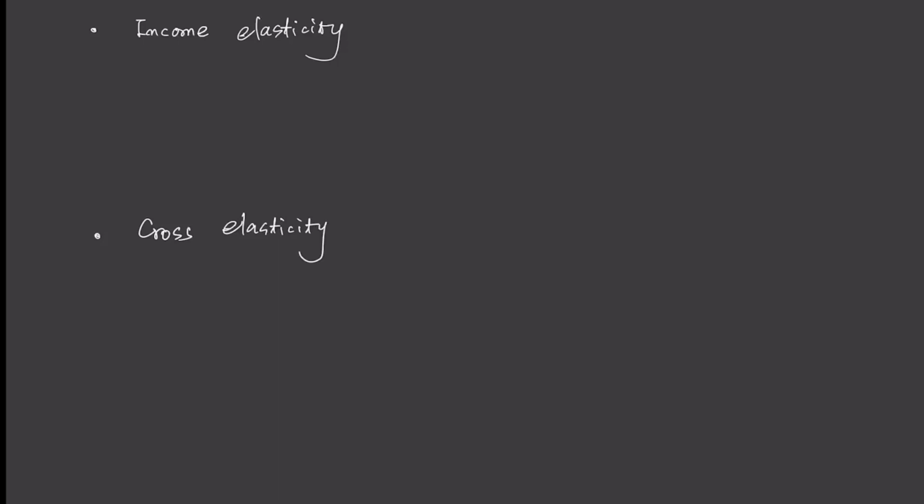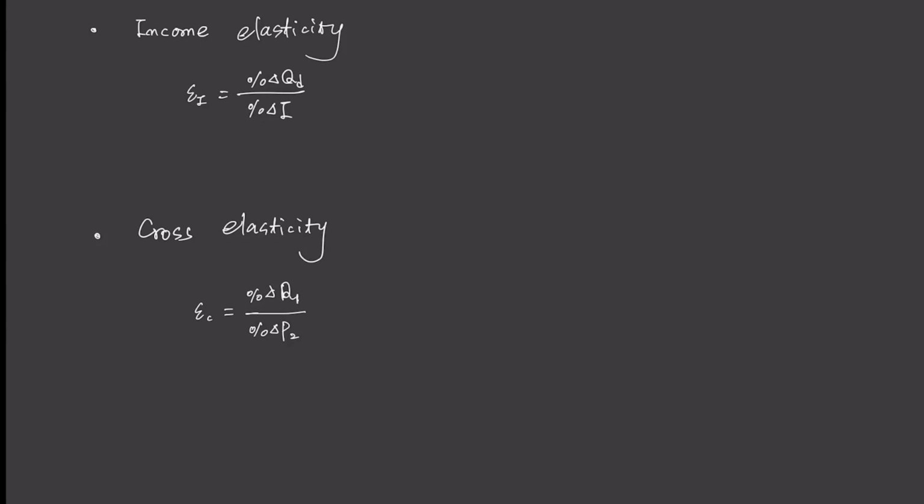Income elasticity, let's say epsilon I, is the percentage change of Q_D over the percentage change of I. This is obviously the demand side, right? And cross elasticity is the percentage change of Q1 over the percentage change of the price of another good, P2.